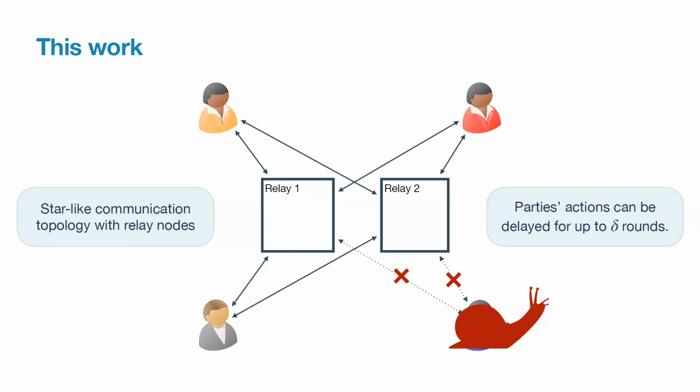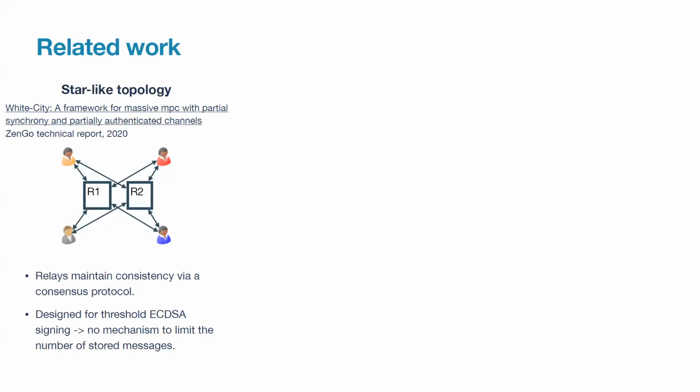Okay, so there are a few other works that have a few of these characteristics. The work that is more similar to ours, I would say, is this white CT paper, where they also use relays. But here, the relays have to constantly run a consensus protocol to ensure that their state is consistent.